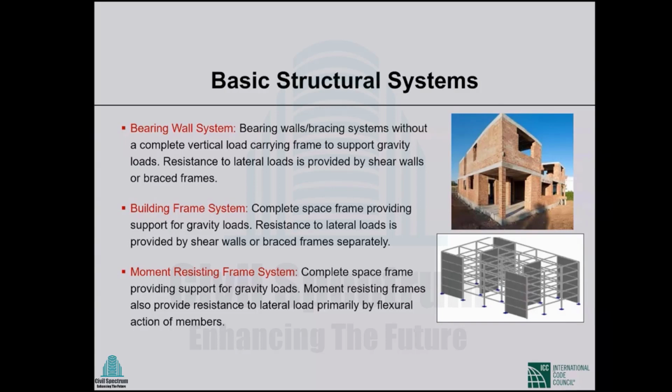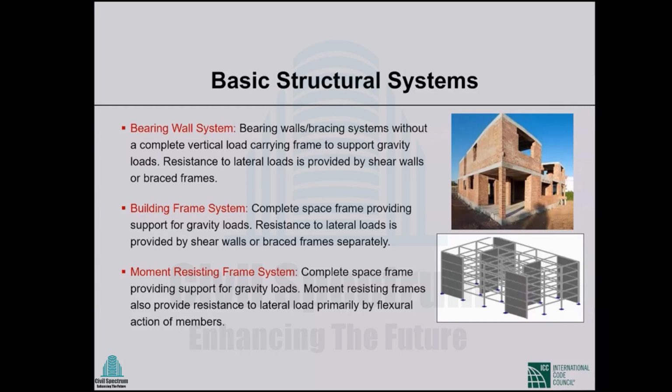That is like our old type brick buildings. That is, the brick walls carry the gravity load and have a limited capacity to take lateral loads. Bearing wall system, but if it is properly designed, it is supposed to carry the lateral loads too. So bearing wall system, I think you are familiar with that.